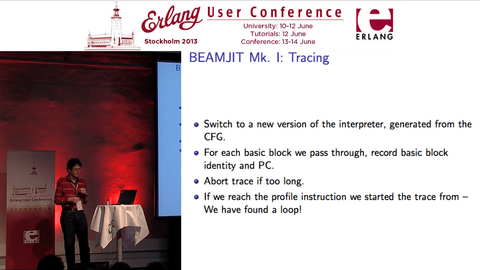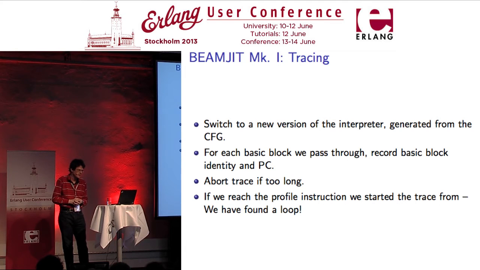So for each basic block we pass through, we record the identity of the basic block and the program counter value at that point in a log. And if that log becomes too long, we abort the trace and give up. But if we are lucky and get back to the profile instruction we started the trace from, we have found a loop. And then it's time to generate native code.